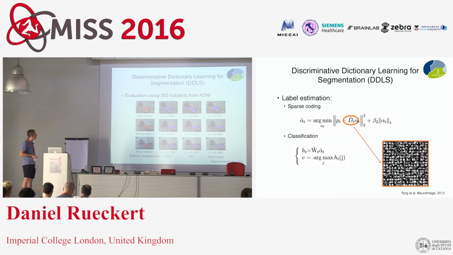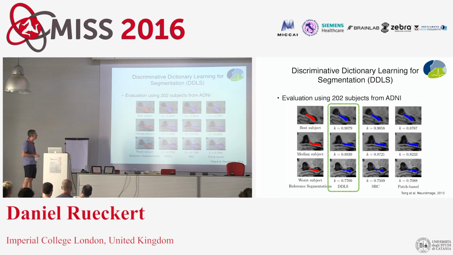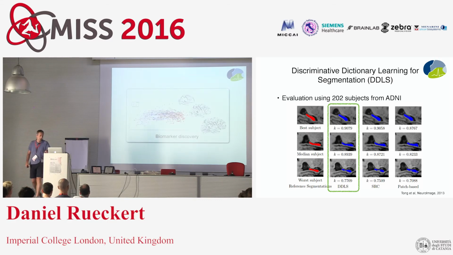Here are some examples of how you can segment, for example, the hippocampus of an elderly subject using a patch-based label fusion approach, sparse reconstruction, and dictionary learning and sparse reconstruction. And this turns out to be the best approach for this experiment.